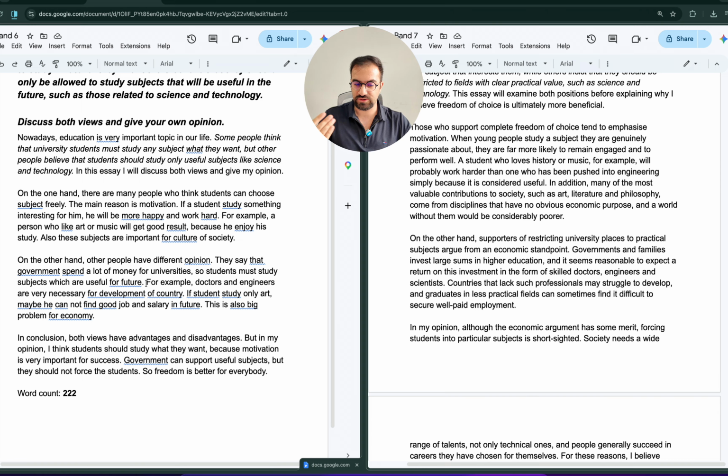Probably the candidate thought doctors and engineers are necessary. So you see the point here, right? When you use unclear sentences, the examiner has difficulty understanding what point you are trying to make.